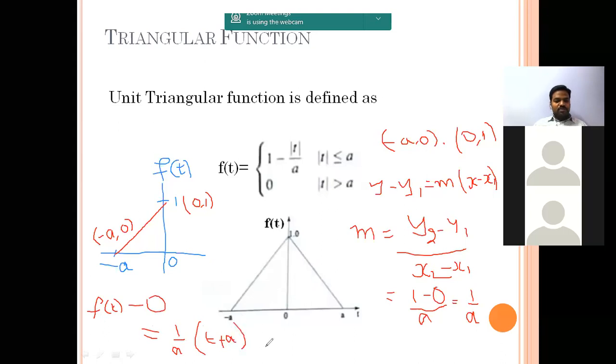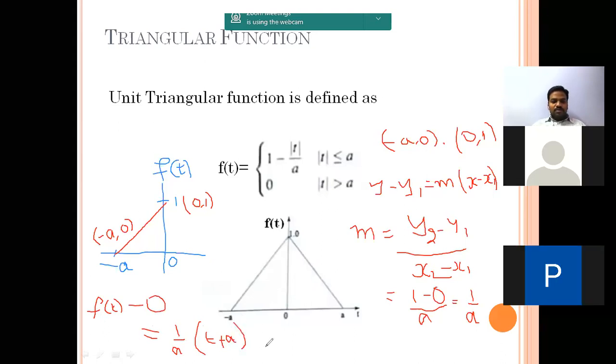What is x1 here? Minus a, sir. Minus of minus a. So you will get this function. Is it clear?